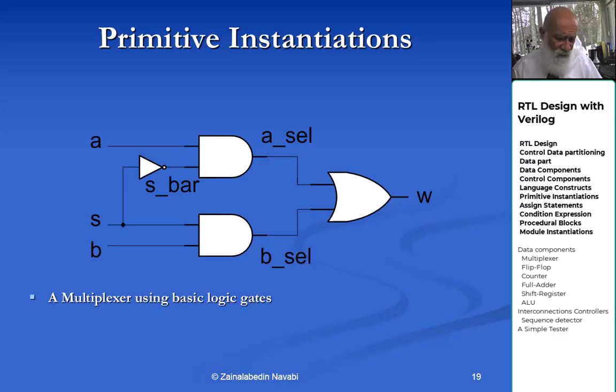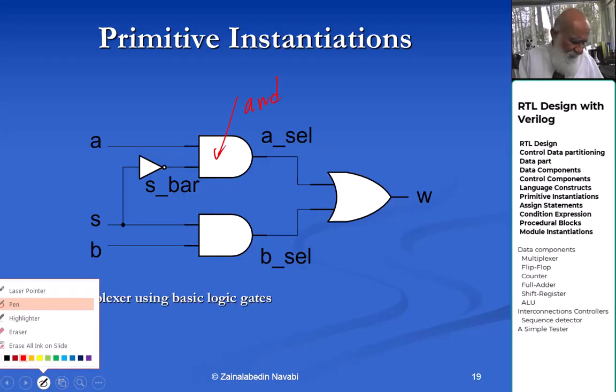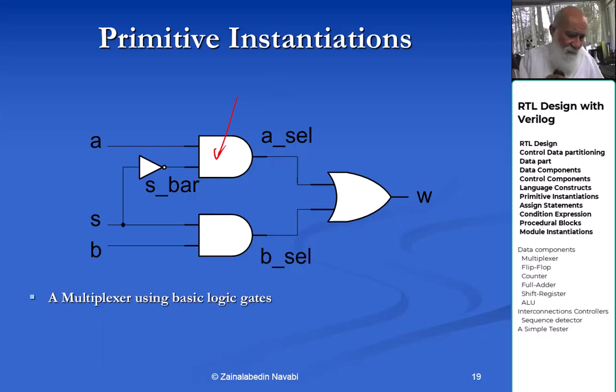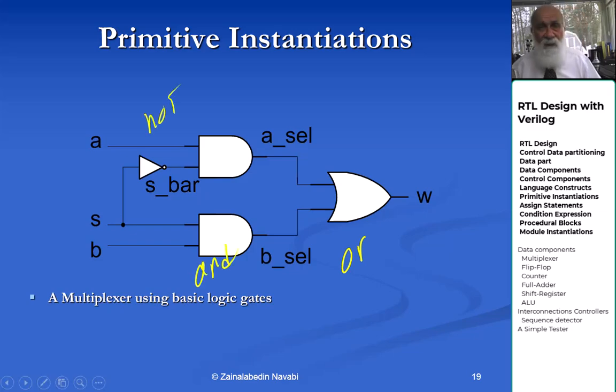How do I describe it without even looking at the next slide? Let's see what happens. Well, this is a primitive gate, so I use OR. This is a primitive gate, I use AND. This is OR, this is AND, this is a NOT gate. These are the primitives, and then the interconnection.